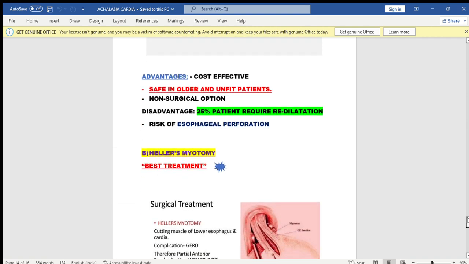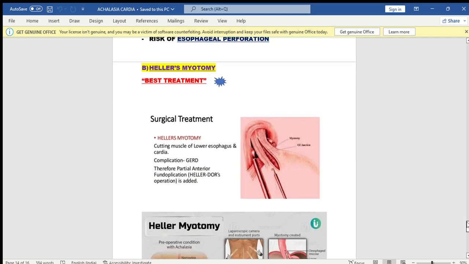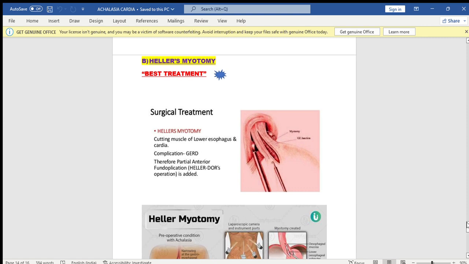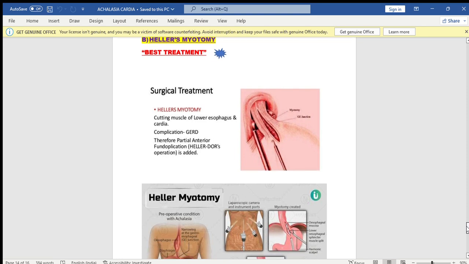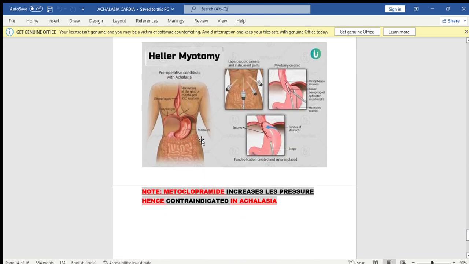Next, the gold standard treatment method, or the preferred method of choice for treatment, is Heller's myotomy. What happens in Heller's myotomy is basically you cut the muscle of the lower esophagus and cardia. But that can result in GERD. So what they do is they also do a fundoplication along with it. If you want to know what Heller's myotomy is, basically this is how it's done.